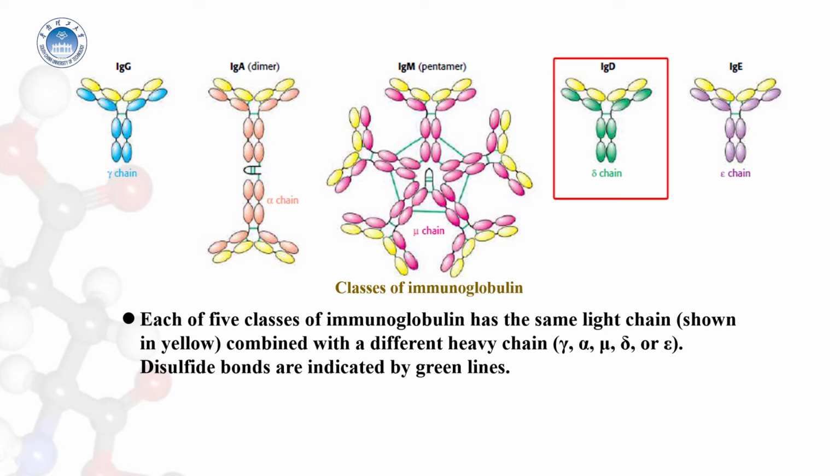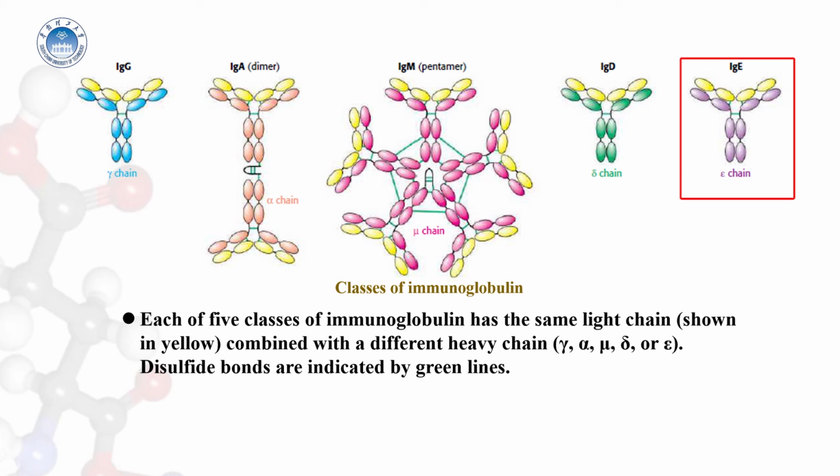The role of IgD has long been a mystery, but recent studies suggest IgD plays a role in the activation of basophils, white blood cells that have anti-parasite functions. IgE is important in conferring protection against parasites, but IgE also participates in allergic reactions.